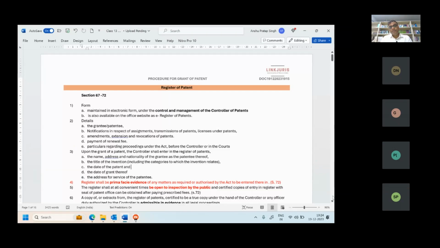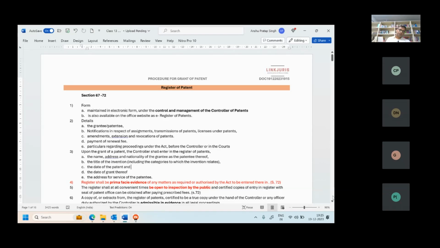Now, this particular period can be extended for 6 months if you have requested earlier. So there will be a date on which this patent will cease to have effect. Then, if a patent ceases to have effect, we will discuss the restoration of that kind of patent. And when it ceases to have effect, we call it a lapsed patent.